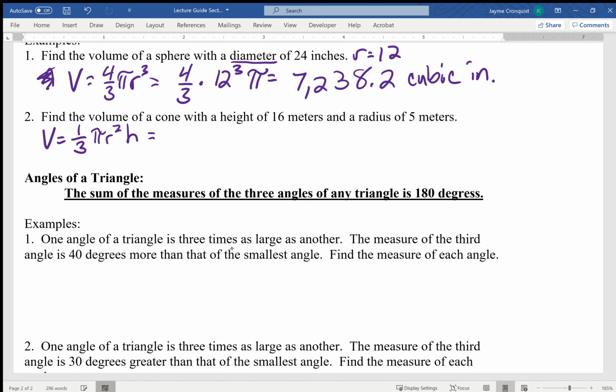So, it's going to be 1/3 pi. R is 5. 5 squared is 25. Times the height, which is 16. Okay, so again, I'm going to do pi times 25 times 16. So pi 25, 16, and then divided by 3.